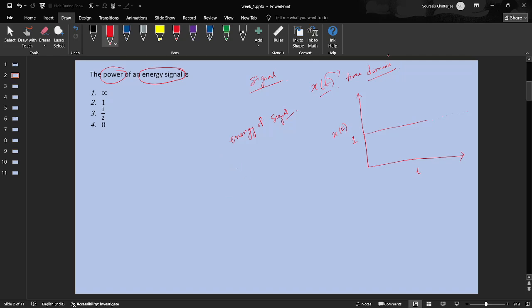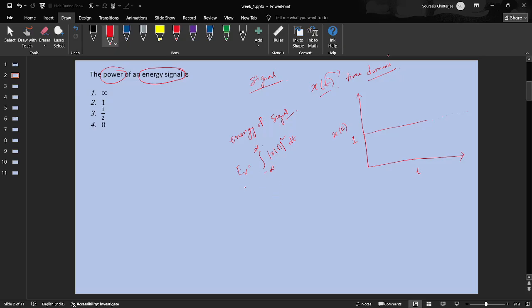Let's say I call it E x. So basically I take the absolute squared value of x of t, and integrate over the entire range, minus infinity to infinity.